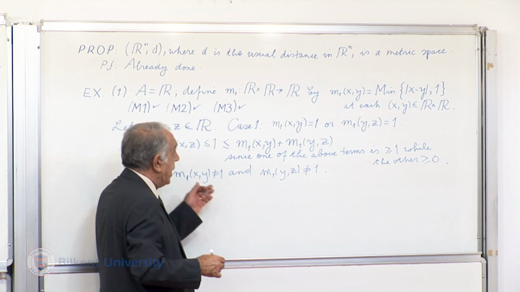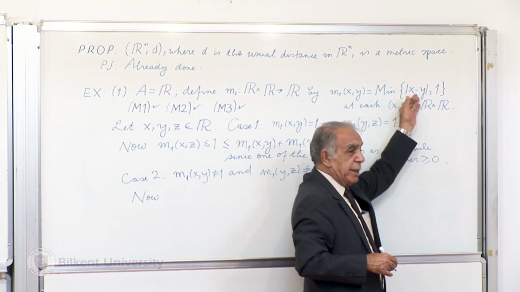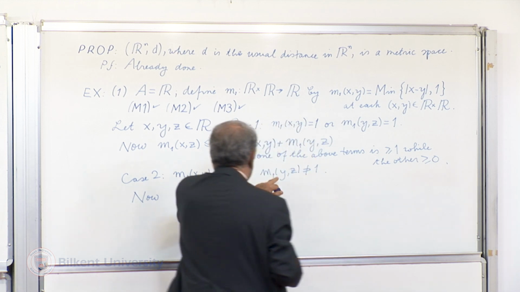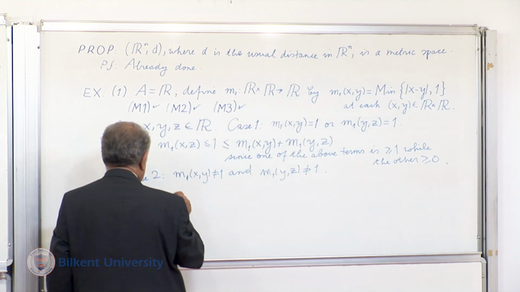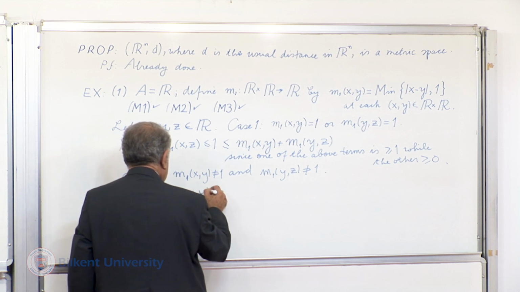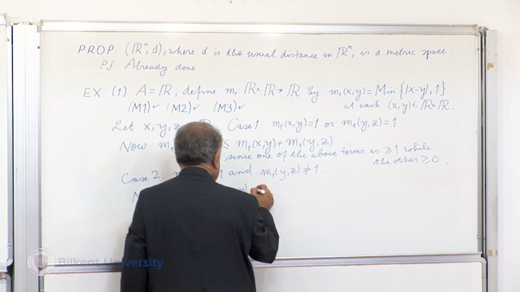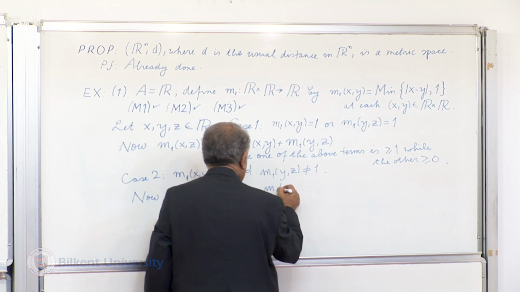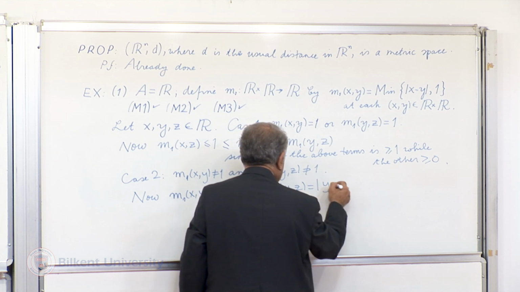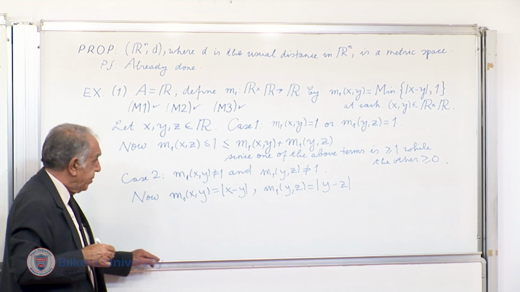Well, m1(x,y) was supposed to be equal to the smaller of these two. If it's not 1, it must be this. Likewise for m1(y,z). m1(x,y) is equal to the absolute value of x minus y, and m1(y,z) will be equal to the absolute value of y minus z.